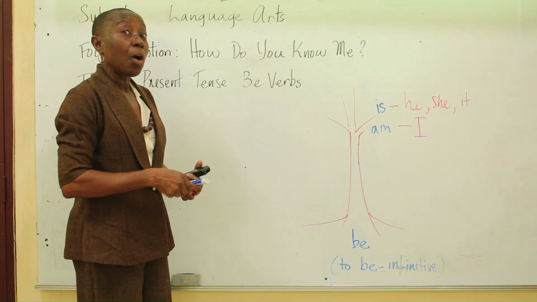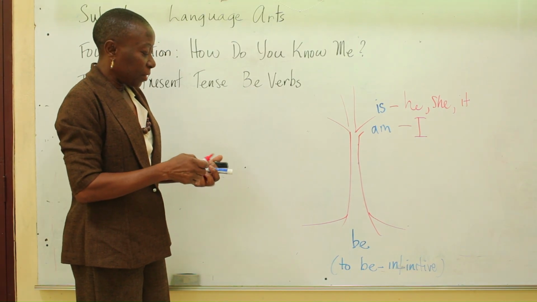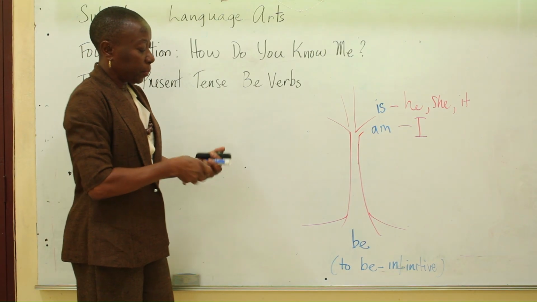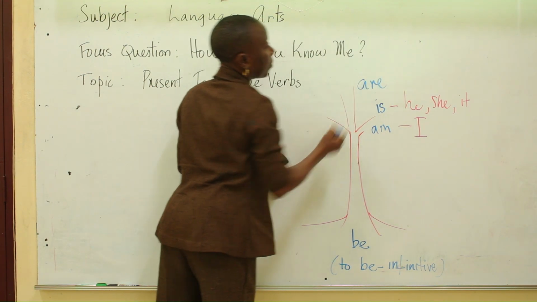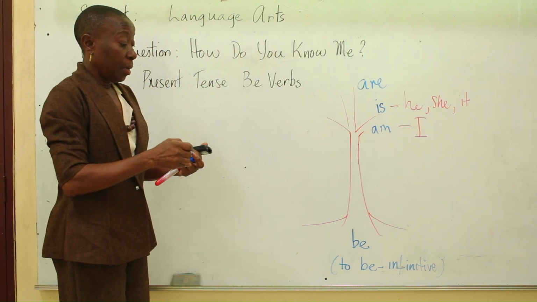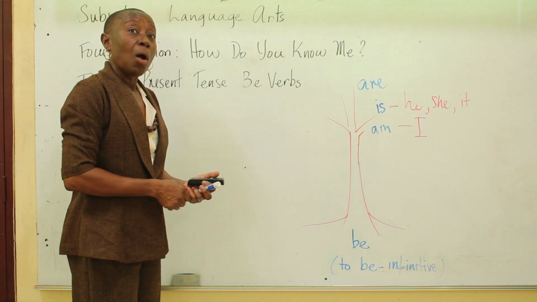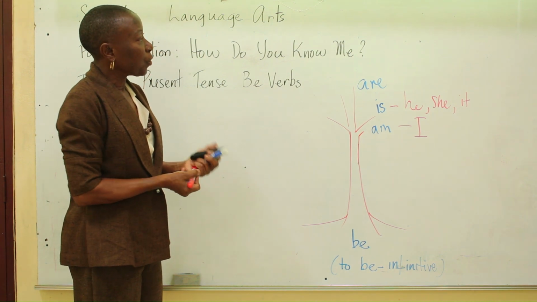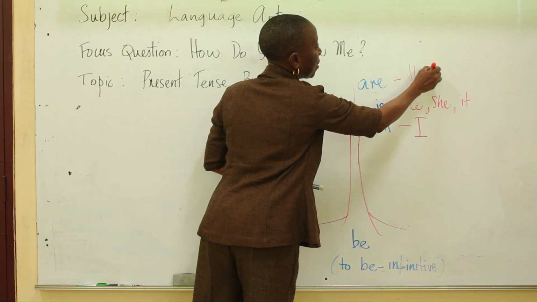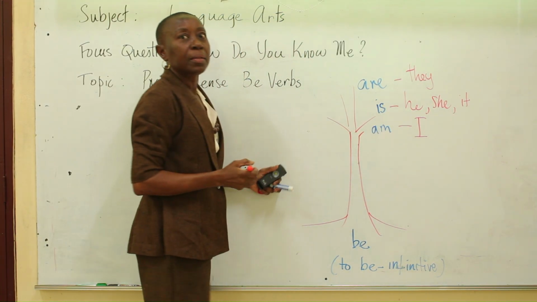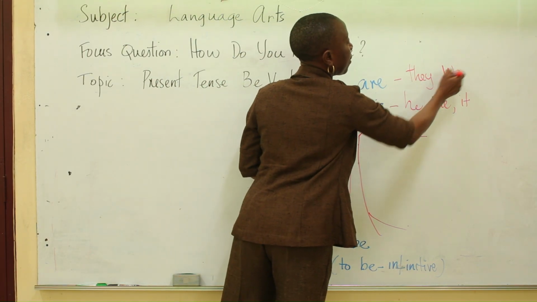And then the other one that grows out of the tree is are. Are is more than one or plural. So I will say they. They are, or we are.